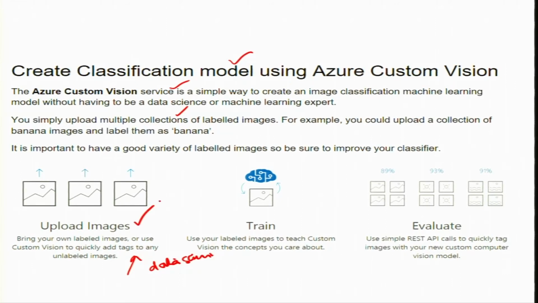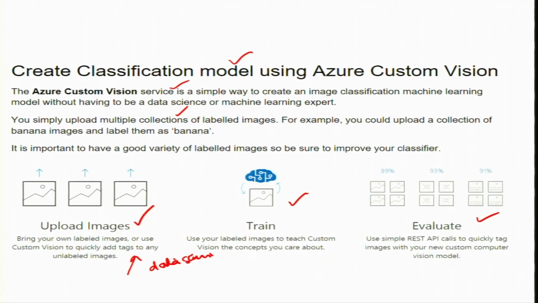You have to prepare and upload the labeled images in the Azure Custom Vision service, and then you can train your model. Once the training is done, you have to evaluate whether the model is properly trained to do the correct predictions or not.